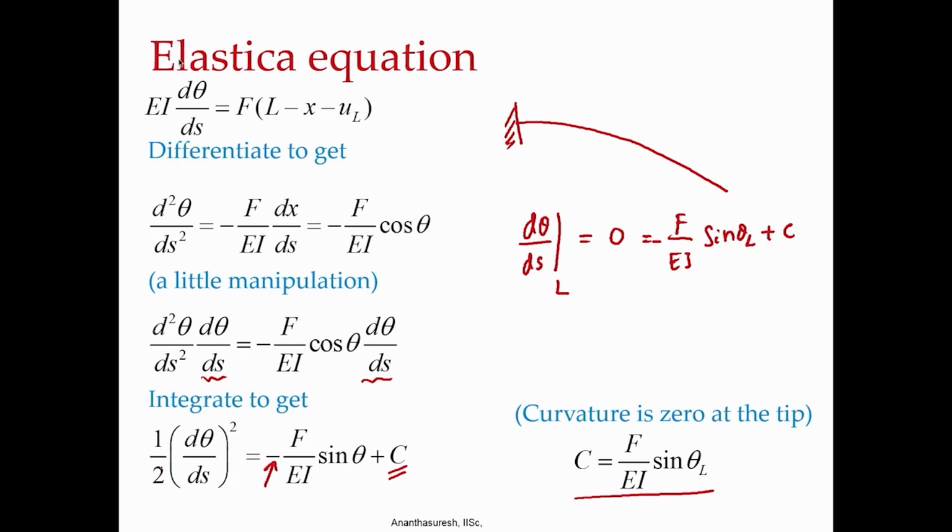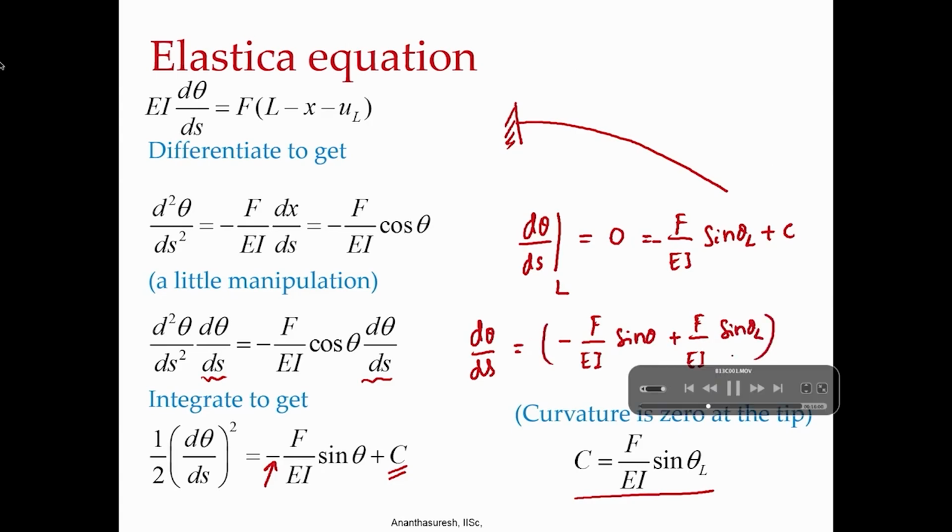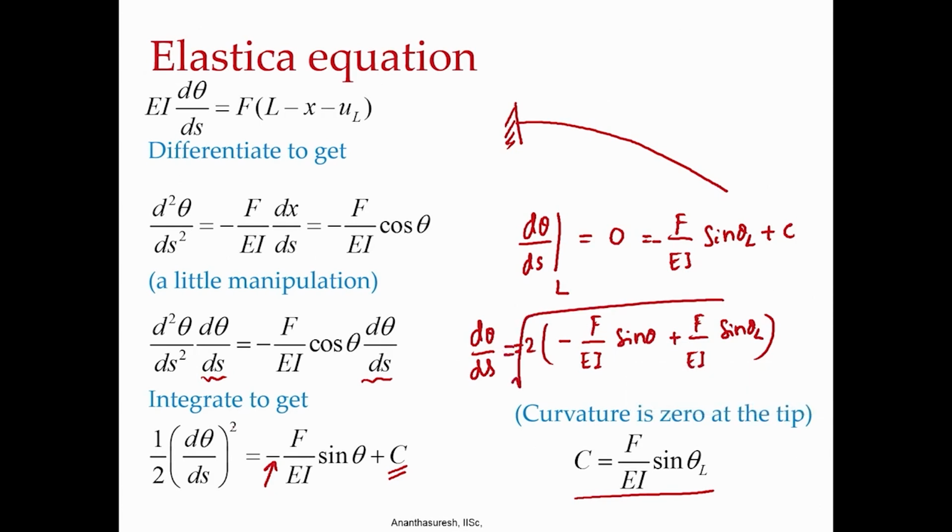So, we got an equation now which is of the form, I can write d theta by ds equal to minus F by EI sin theta, and then we also have F by EI sin theta L, and then 2 goes here, and we have to take a square root because it is d theta by ds square.